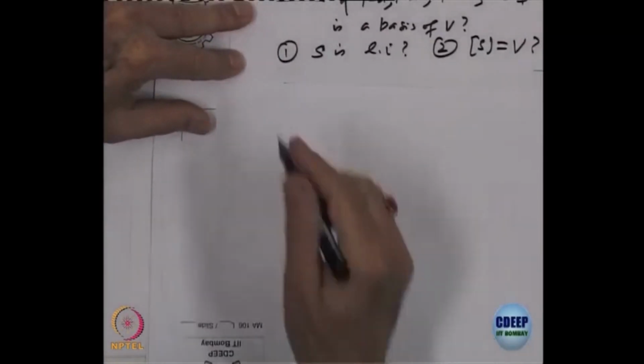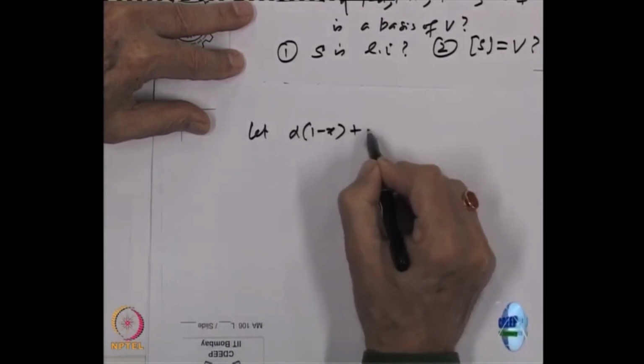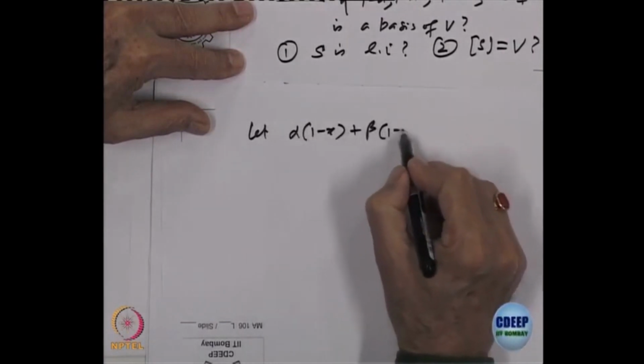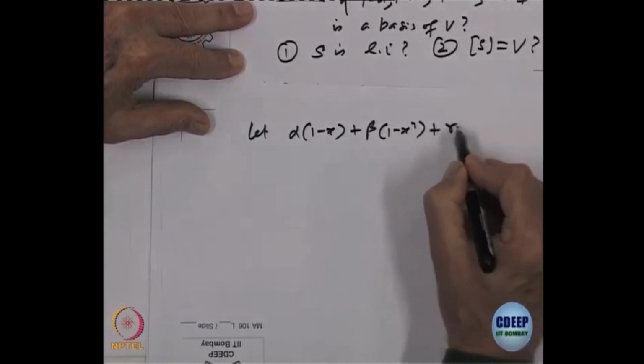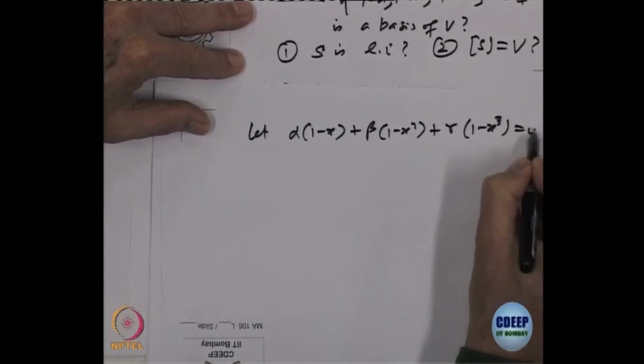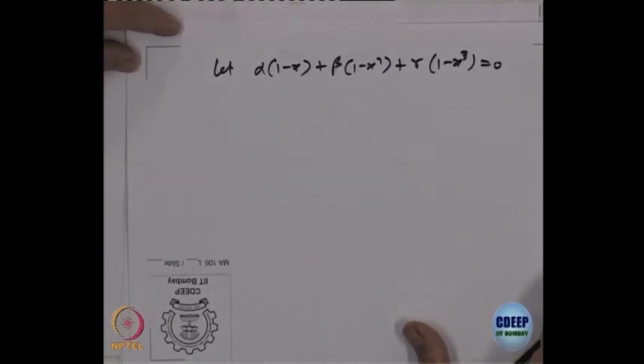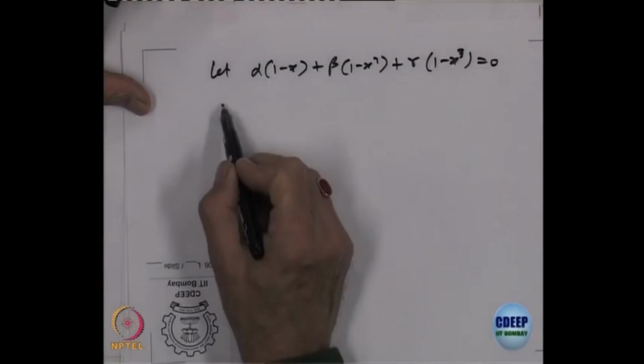So, independence. Let alpha times 1 minus x plus beta times 1 minus x square plus gamma times 1 minus x cube equal to 0, right. We have to show that alpha is equal to 0, beta is equal to 0 and gamma equal to 0. So, what does this mean?